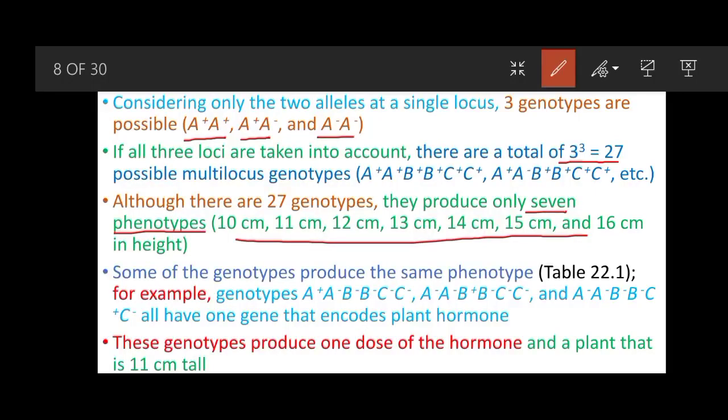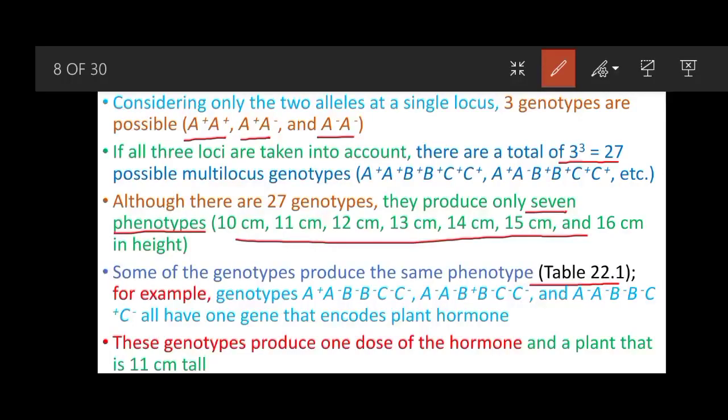So it means that some heights are encoded by more than one genotype. Some of the genotypes produce the same phenotype, and we will also look in the table.